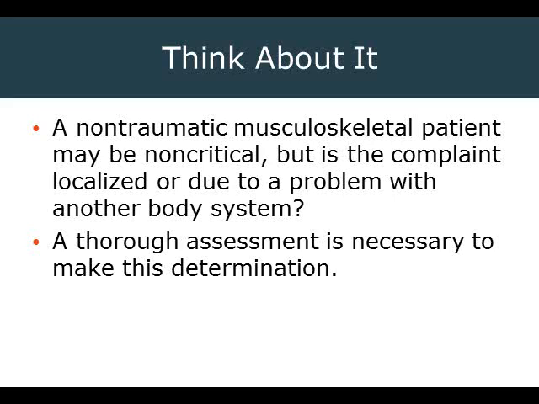So we could say something like, when we're talking about a soft tissue thing, oh, they have a complaint of a rash. Well, is the rash due to them coming into contact with something specifically, or is the rash due to a severe allergic reaction? Or is the rash due to them having sepsis throughout their entire body?